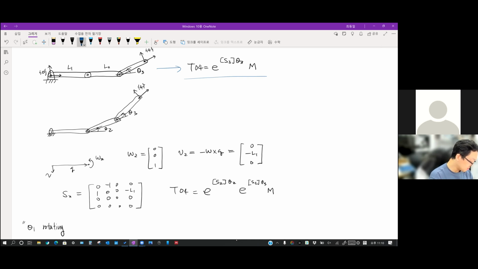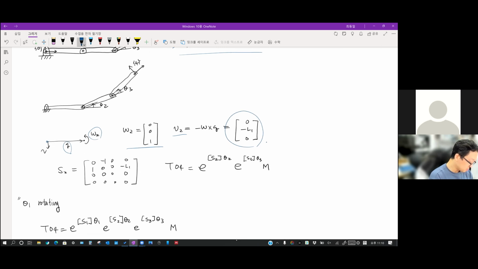do the same thing about the screw motion. So this one is the base position, and there is Q, and there is omega 2. Omega 2 is also 0, 0, 1, and V2 can be calculated like this. Using these two, we can make screw S2. Using this one, we can convert to the exponential formula.